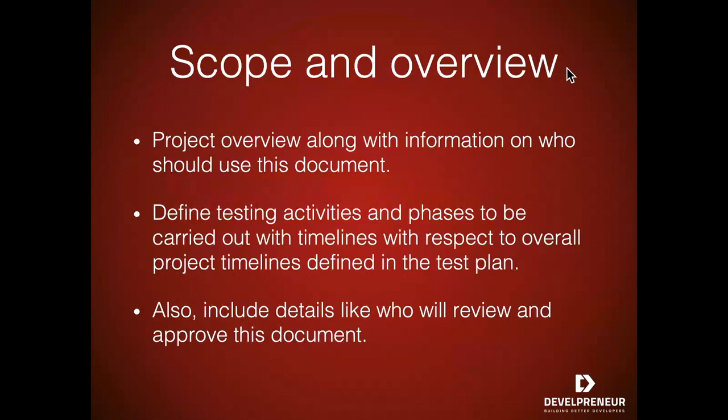So like it states here, basically you're wanting to define the scope, define what the application wants to do or piece of the business rules or business needs. And then you're going to actually define what to test and why to test. So you're going to look at things like the project overview, along with the information on who should be using this document.